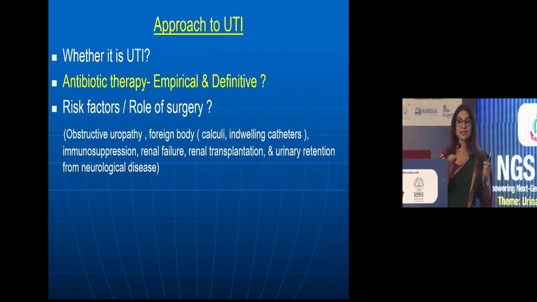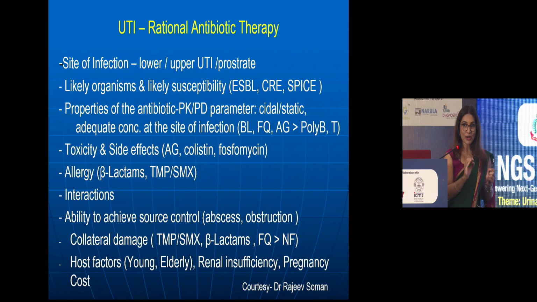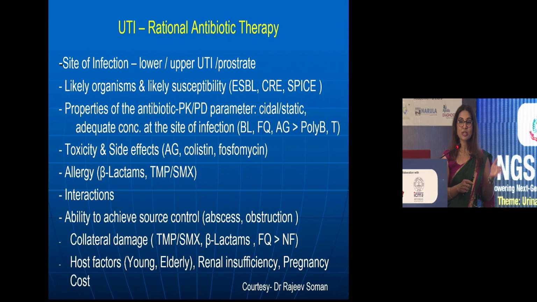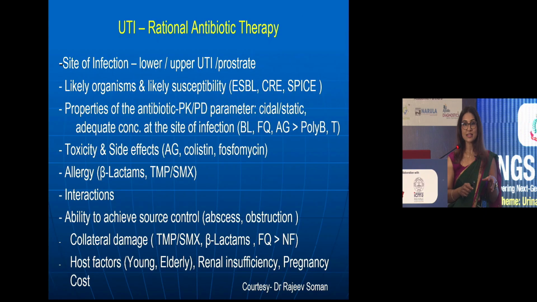Now let's discuss the antibiotic therapy. What should we give empirically and what should be the definitive antibiotic therapy? The choice of antibiotics for UTI will depend upon several factors, and this includes whether the patient has a lower UTI or an upper urinary tract infection or there is prostate involvement, and also it will depend upon the severity of the infection.